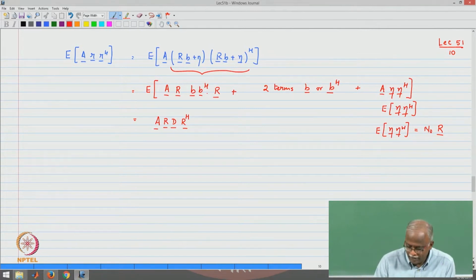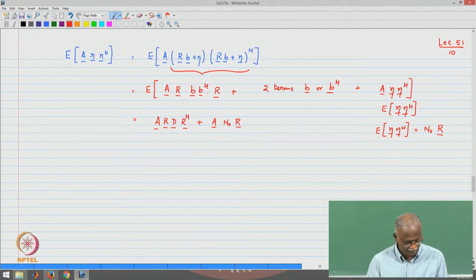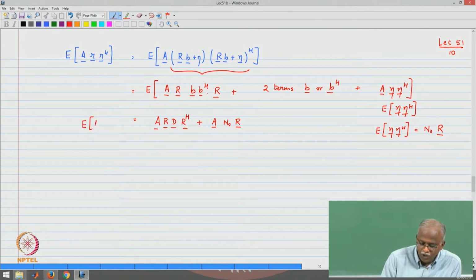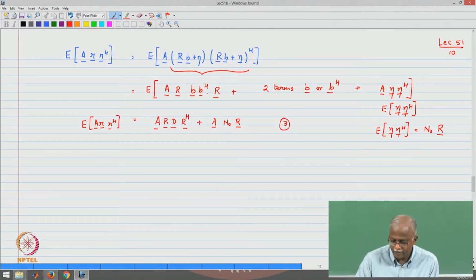So this would become plus a times n naught times r, and this is the expected value of a times r Hermitian. Take this down as equation 3.